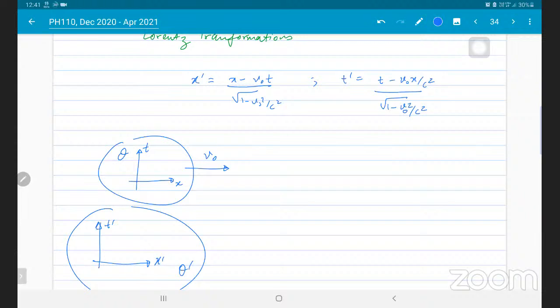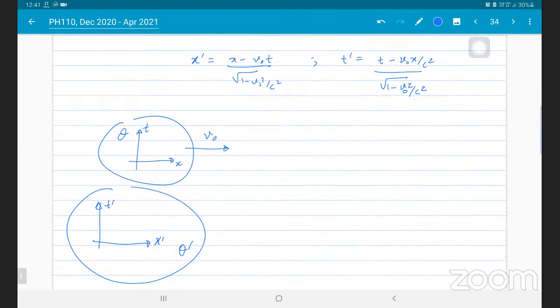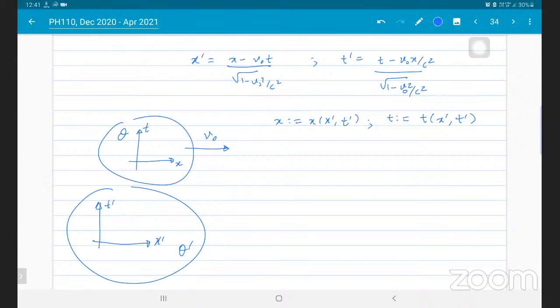So if you want to ask, what is the transformation as seen by O, that means you want to find x as a function of x prime and t prime, and t as a function of x prime and t prime. So this symbol colon followed by an equal sign means that you define x to be a function of x prime and t prime, right?